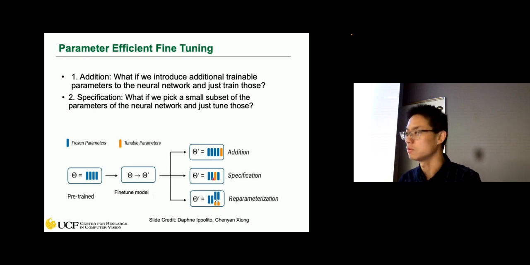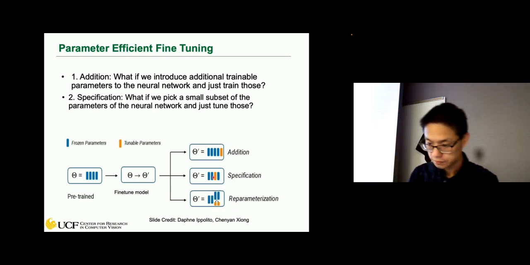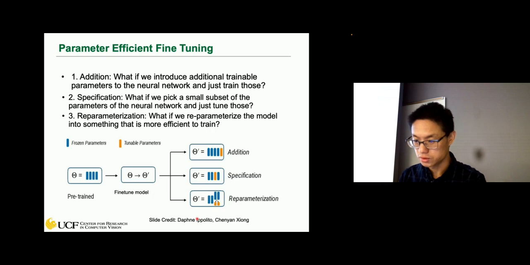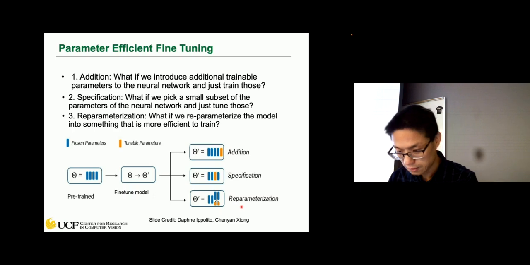You don't have to do this for every transformer block, maybe just a couple of layers. And the last strategy is reparameterization tricks. We will specifically talk about one technique that falls into this paradigm, how we can use reparameterization to achieve efficient fine-tuning.